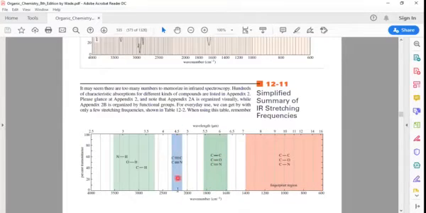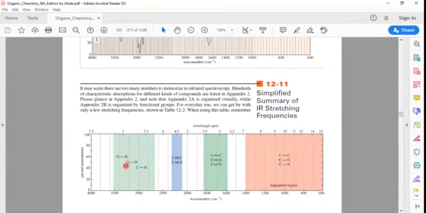Then this is the area where we can have carbon-carbon triple bond and carbon-nitrogen triple bond. Keep this in mind. And what about this area? We have 3000, maybe 3015, or mostly less than that, for carbon-hydrogen stretching.